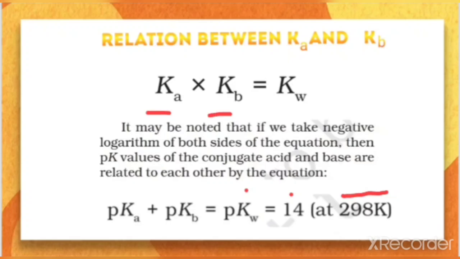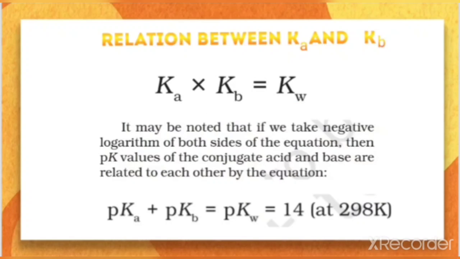So when we take the negative log on both sides, the negative log of Ka is pKa, the negative log of Kb is pKb, and the negative log of Kw is pKw. And when we apply the log, the product becomes a positive sign.